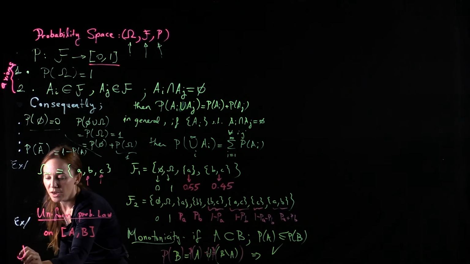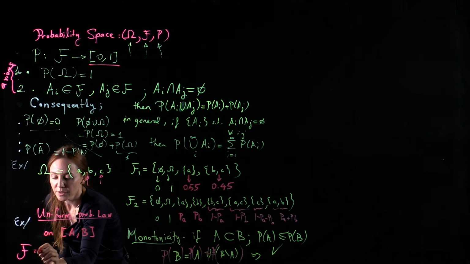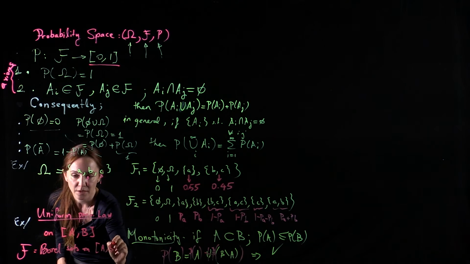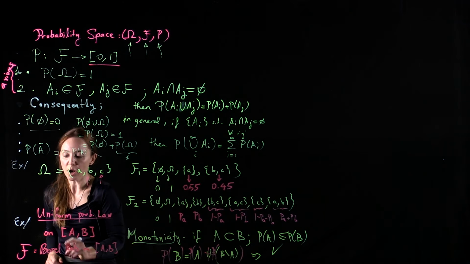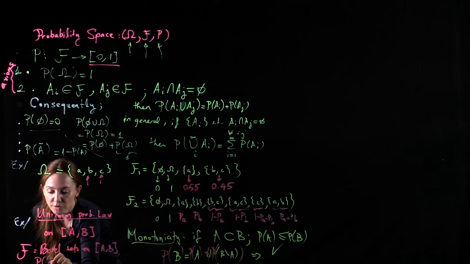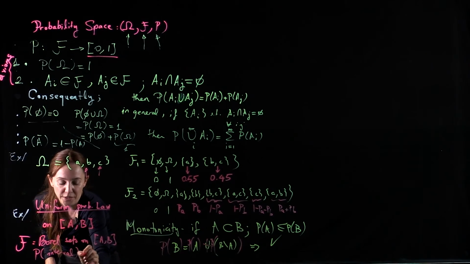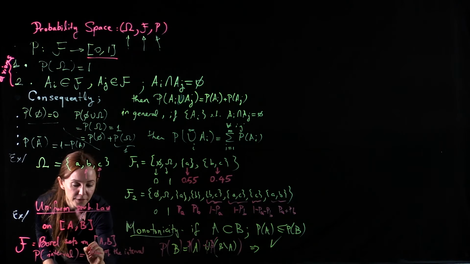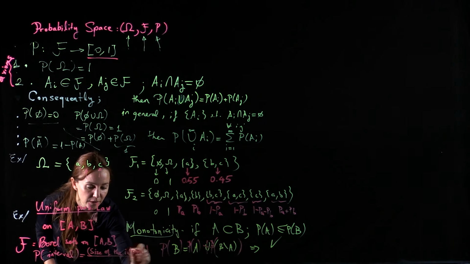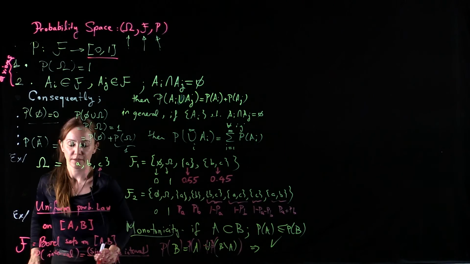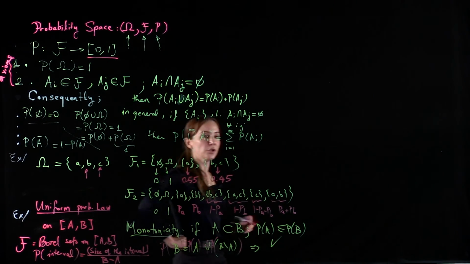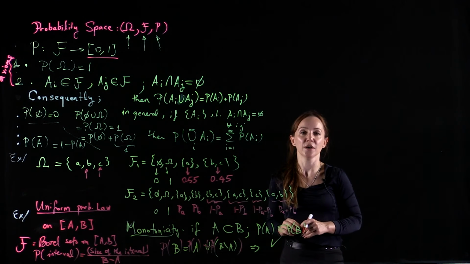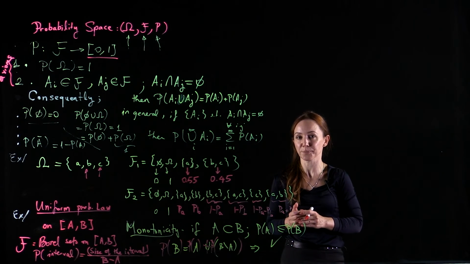In this case, our sigma algebra will be the Borel sets on A to B. And our probability law would be that the probability of an interval will be the size of the interval divided by B minus A. So that would be the uniform probability law on a piece of the real line, which is a continuous sample space.